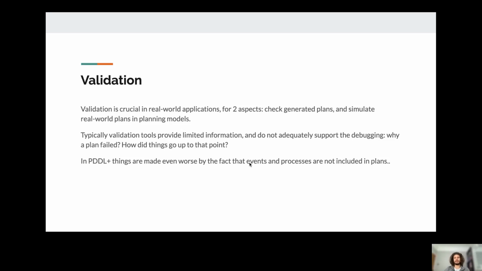Some of the validators actually do that. And besides the why, how did things go up to that point? And maybe telling you how you can fix that or what is likely to be a solution. And of course, in PDDL+, validation is made much worse by events and processes which are not included in plans.